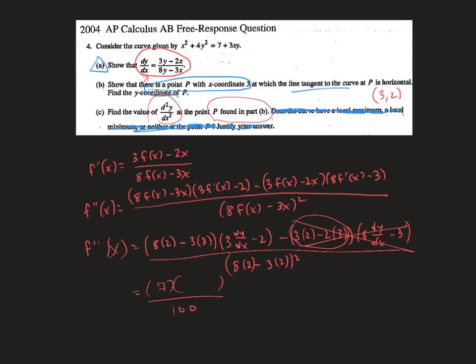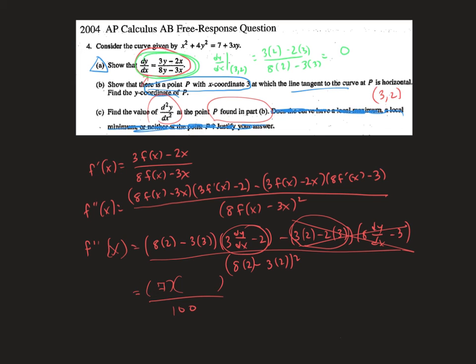So now I need to figure out what 3 times dy/dx minus 2 is. So if I come back up here to the dy/dx, and I plug in the point that we're doing, which is (3, 2), that will give me 3 times 2 minus 2 times 3 over 8 times 2 minus 3 times 3.